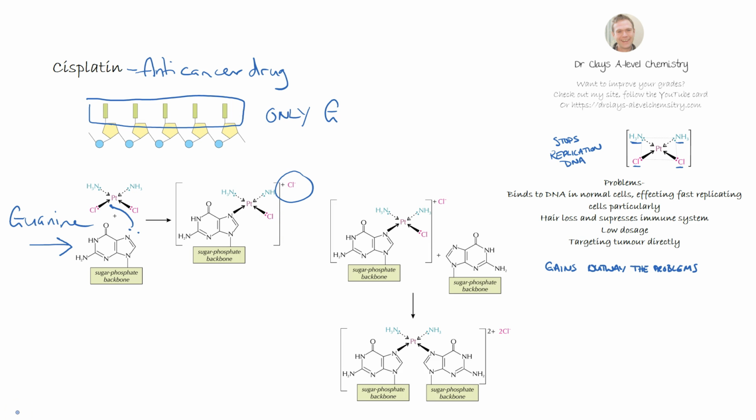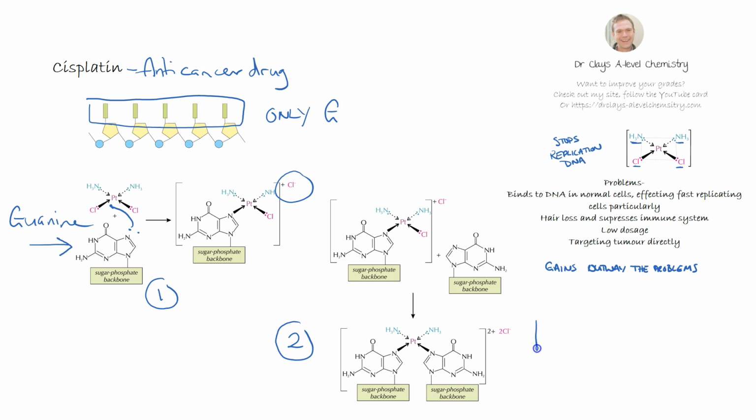And once this has happened once, then it can also happen a second time, so we see this ligand substitution occur a second time, and we now have our backbone of our phosphate group where the guanine groups are now connected together via the cisplatin.